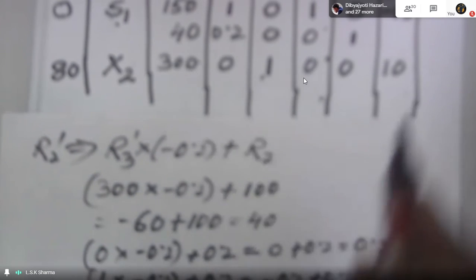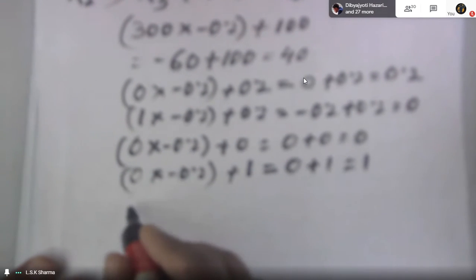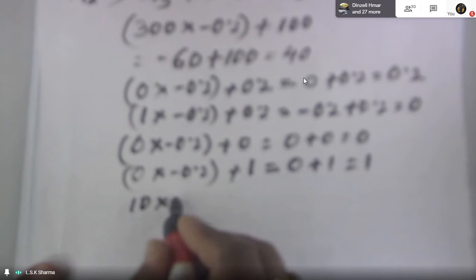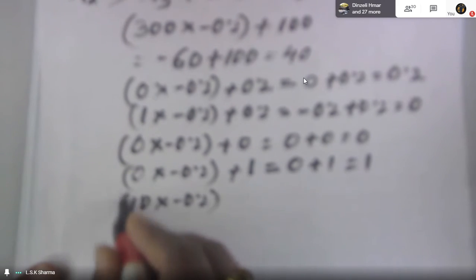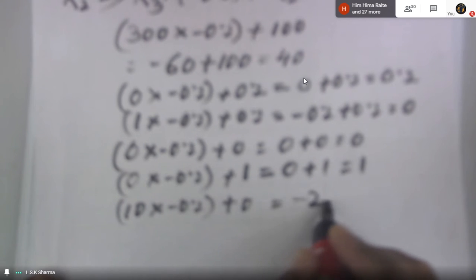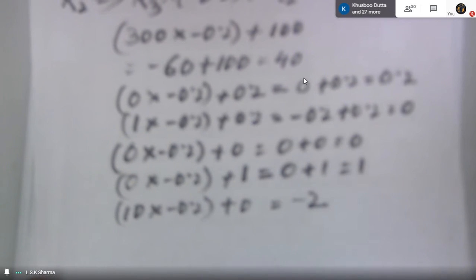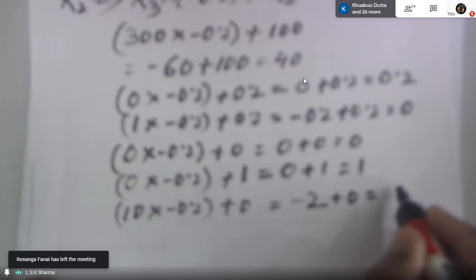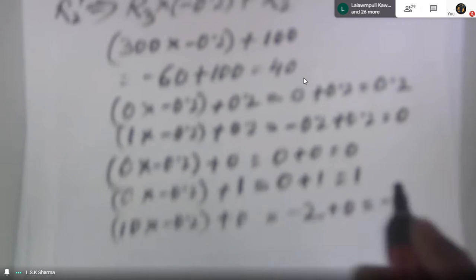Now the last one, that is 10 into minus 0.2 and plus 0. So how much will you get? 10 into 0.2 becomes minus 2. Minus 2 plus 0, it becomes minus 2.